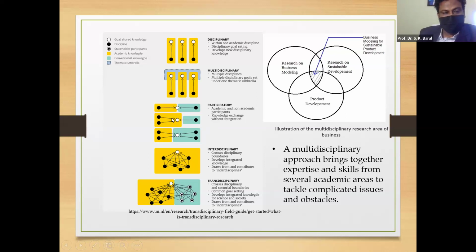There is no bar that academic knowledge will be greater or lesser, or conventional knowledge is greater or lesser. It depends upon the purpose of the research. Then third is, you see, yellow and gray. This is 2 disciplines. And the middle point is they are meeting the goal.